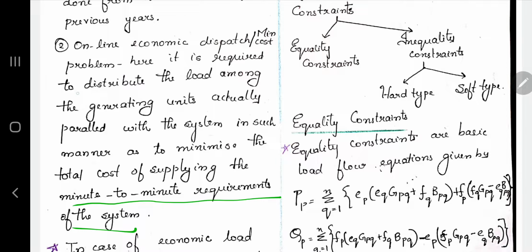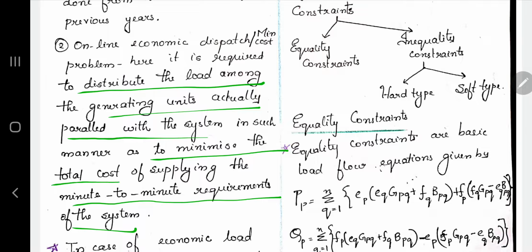Here it is required to distribute the load among the generating units which are in parallel with the system in such a manner as to minimize the total cost of supplying the minute to minute requirements of the system. So according to the minute to minute changes in the load, to minimize the total cost of supplying, we have to properly distribute the load among the generating units. That problem is dealt with in the online economic dispatch problem.